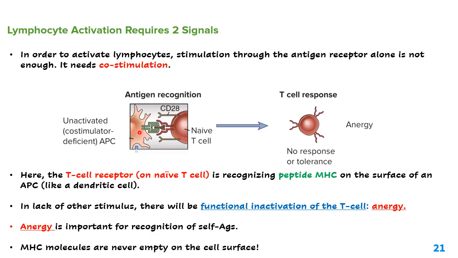You don't want that to happen. If a mistake happened here and you did not encounter antigen or pathogen, and you put a piece of your own peptide on this presenting molecule, if that activated the T cell, that would be a disaster. Remember, you're always going to have something on the MHC molecule.